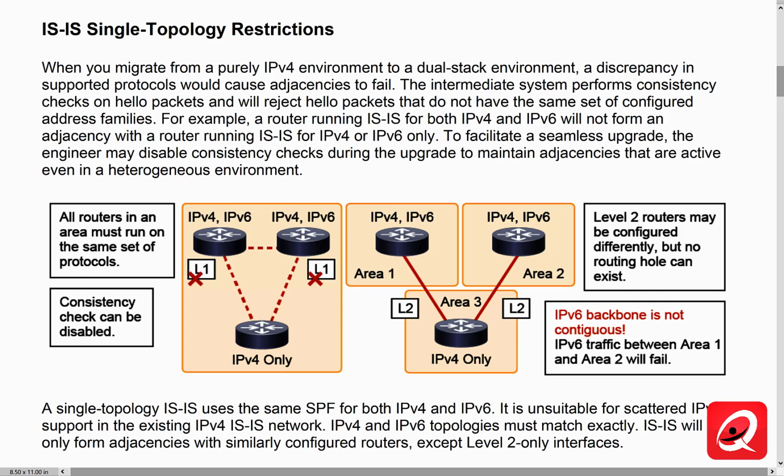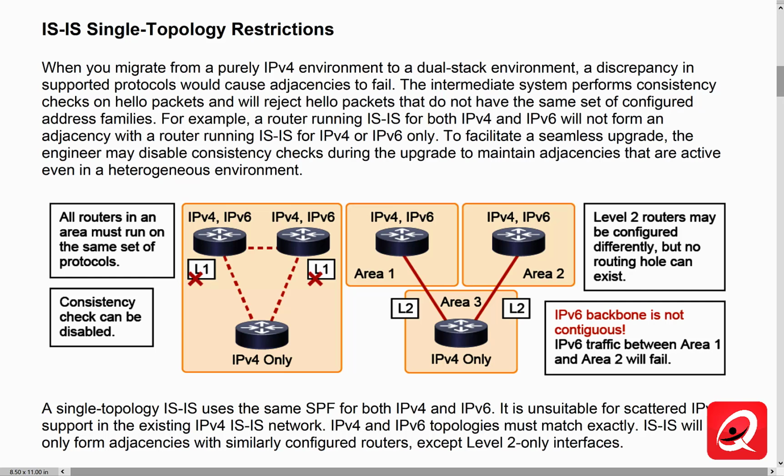It's kind of unsuitable for having a scattered IPv6 support in an IPv4 ISIS network. We can't join, for example, two different IPv6 areas over a v4 only area. The L2 adjacencies won't form. So we're going to end up black holing that traffic into the IPv4 area.